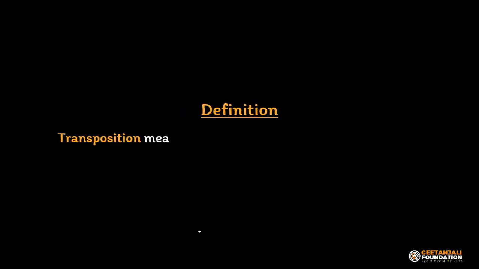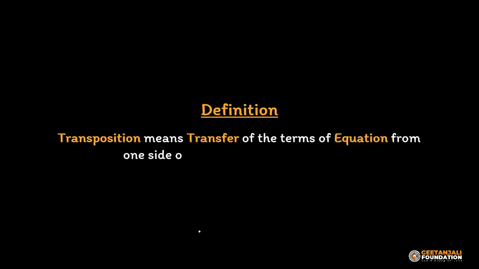Now transposition. Transposition is a shortcut way of solving an equation. Now let's see its formal definition first. Transposition means transfer of the terms of an equation from one side of the equal sign to the other side. But why do we do that?